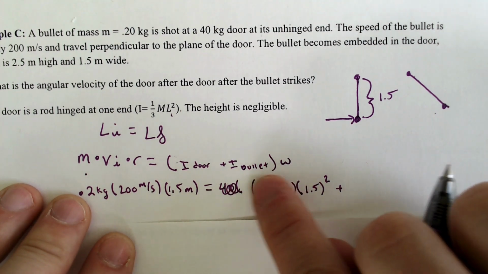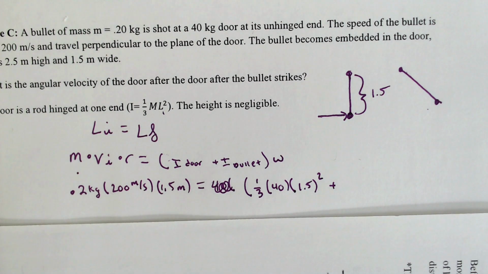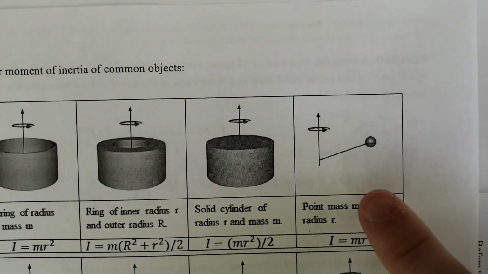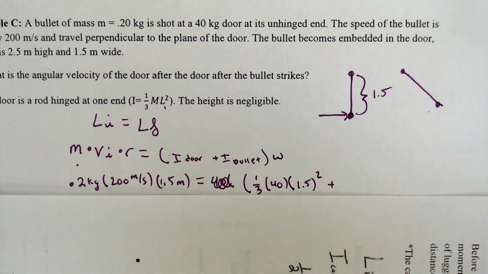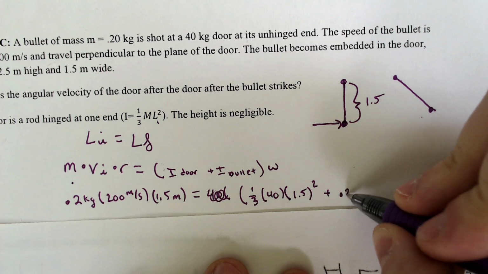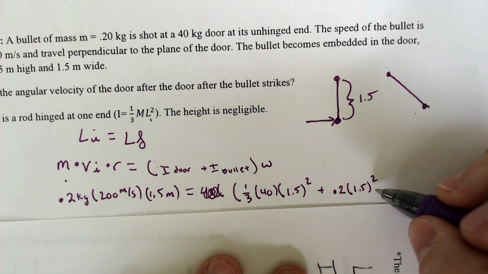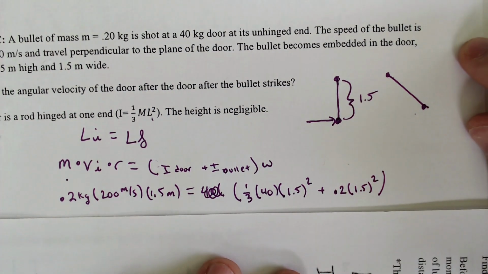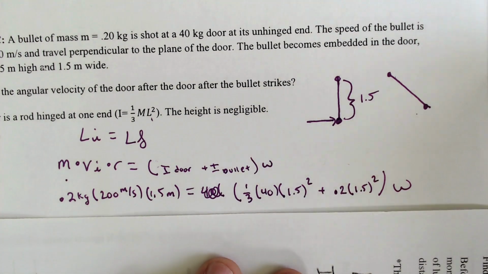Well, the bullet's inertia is going to be a mass at the end of it, which is going to be m r squared. So that would be just the mass of the bullet times the radius squared. All of that is going to be multiplied by our angular velocity, so that would be right here.